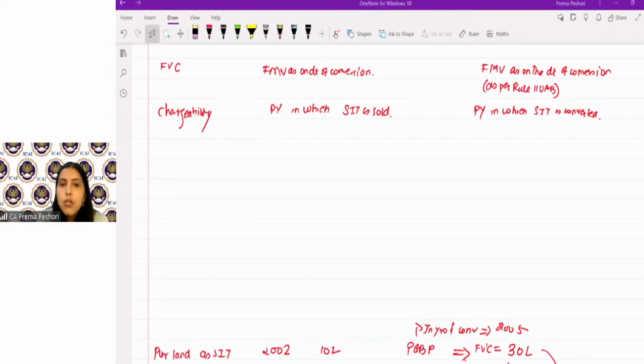Okay. So is this very, very clear? Let's say, for example, if the shares are converted into stock in trade, then what will be the effect of security transaction tax under the head PGBP vis-a-vis under the head capital gain? What do you think? Whether the security transaction tax is allowed as deduction under the head PGBP or not?